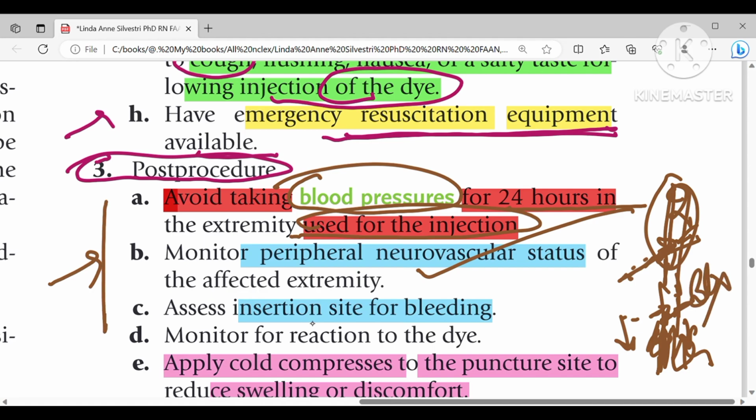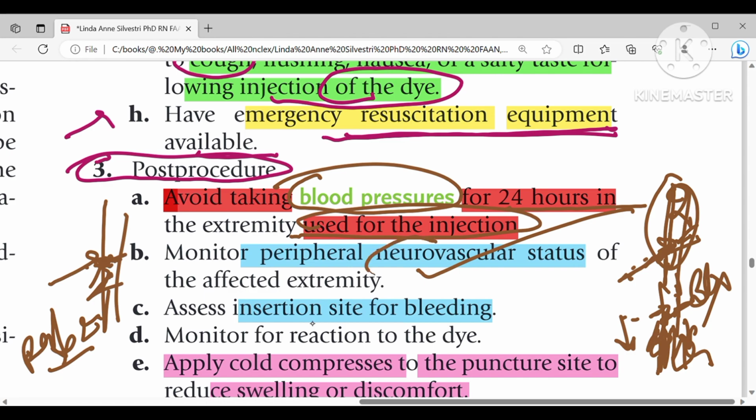Any rupture can occur or block the blood supply, so the radial pulse will be dull and can't be felt.